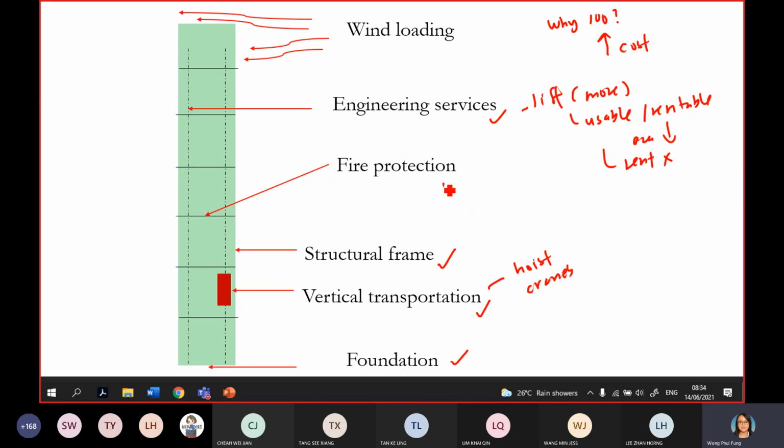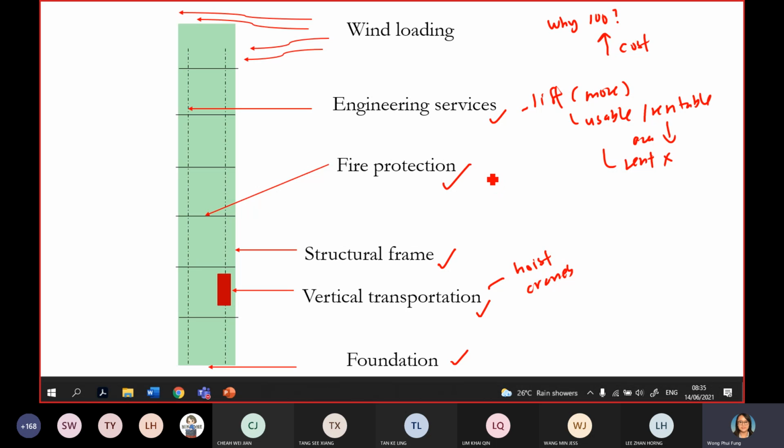Okay. Fire protection: if you look at a tall building, normally you are also quite scared. What if there is a fire? So that's why fire protection is very important to ensure safety. It means they need to have more staircases, fire escape doors, more landing areas, more escape areas, so that later on, if there is a fire, we have access to escape.